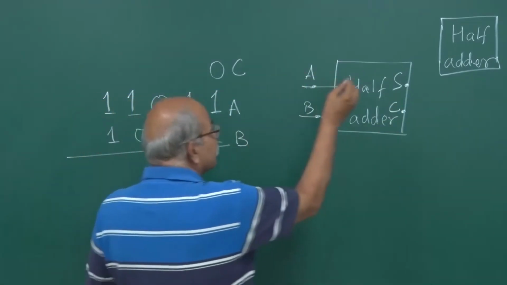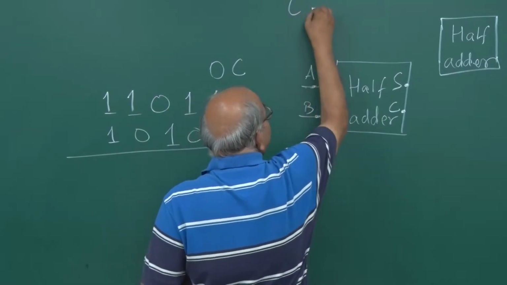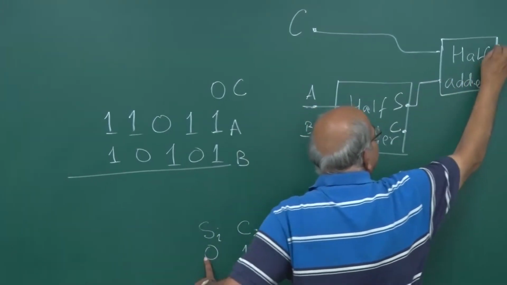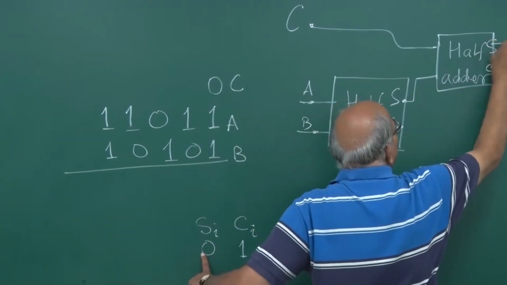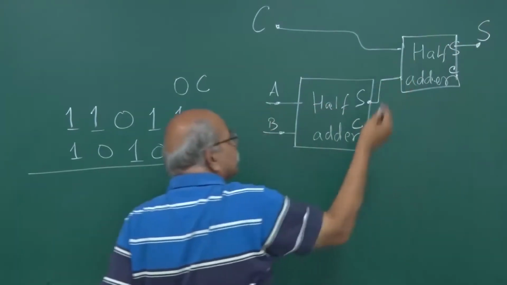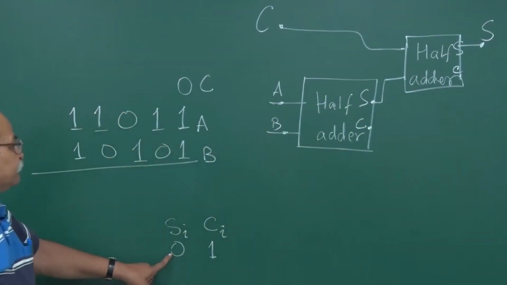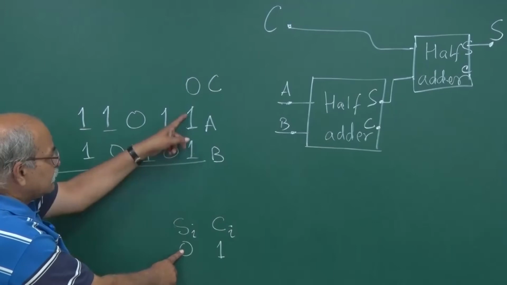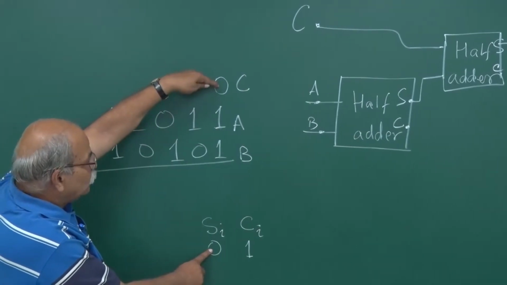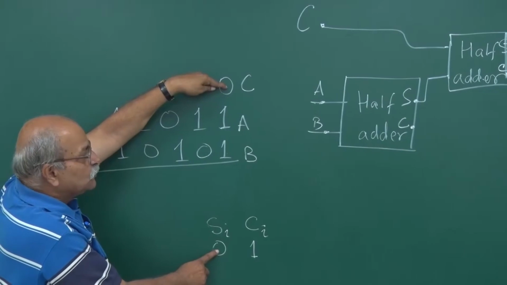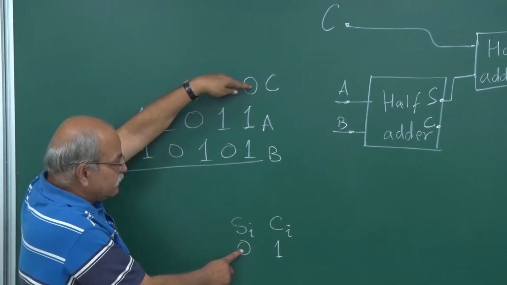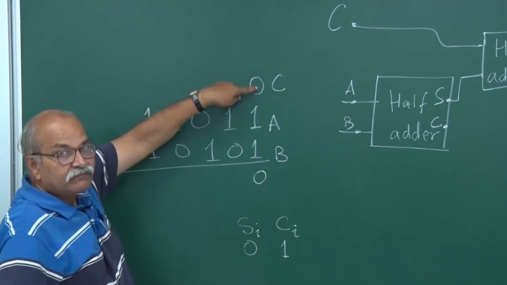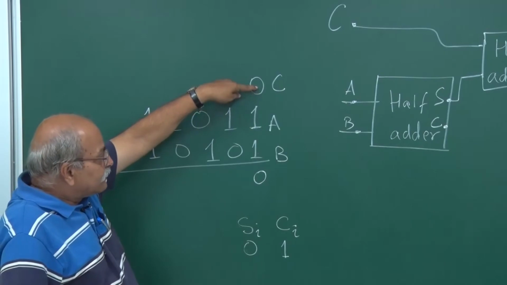So this sum and that carry, and here that is the carry. So this carry and this sum, they go here, and then the sum, this is our final sum. Check. This is the output of this first half adder, which is 0, and then the carry is 0, 0 and 0. If you do this half adder thing, that will give you sum as 0. So this is the sum. And how do you get the carry, final carry?